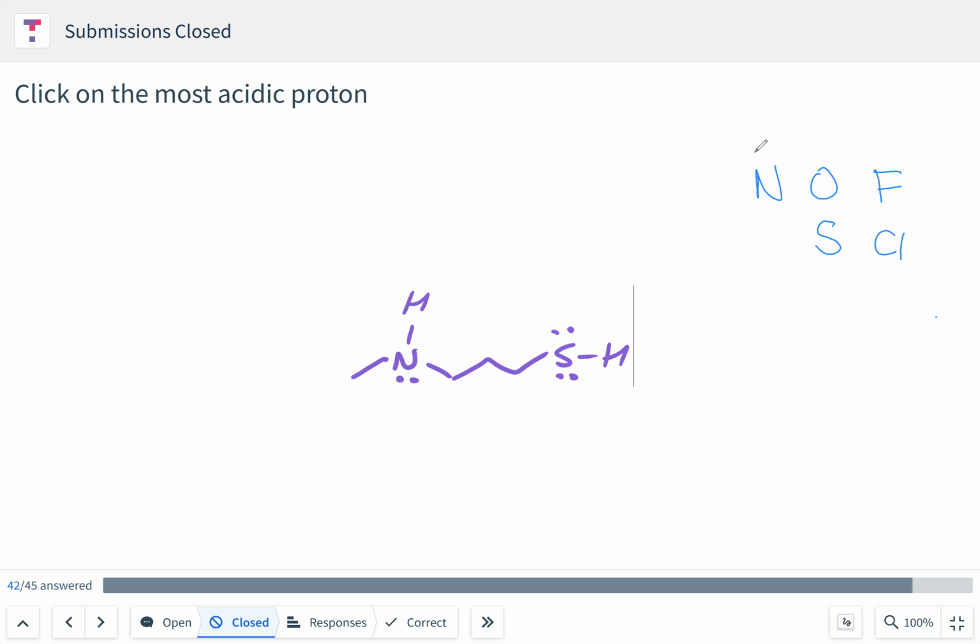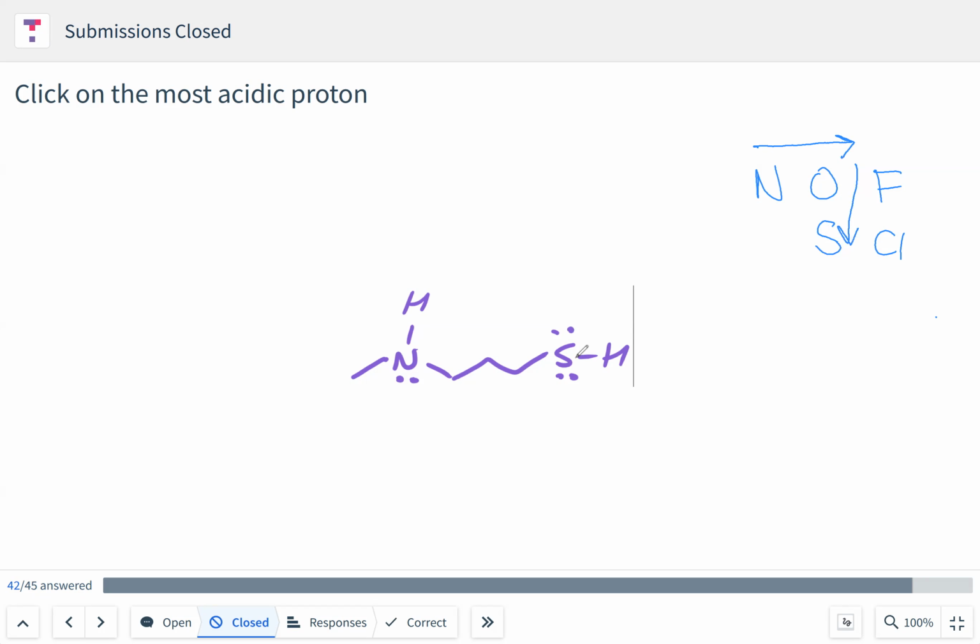If acidity increases this way, and then it also increases this way, an alcohol here would be more acidic than the amine. But a thiol would be more acidic than an alcohol.